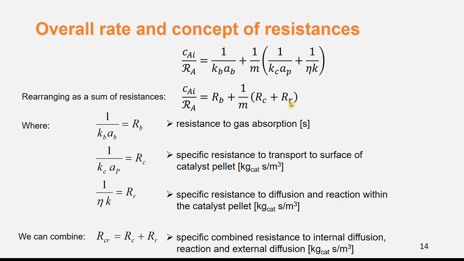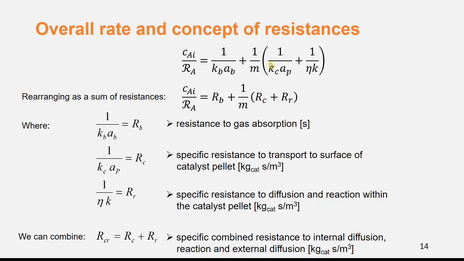So as you can see here, this is a sum of resistances. Here we have RB is equal to 1 over KBAB. And this is the resistance to gas absorption. And it has units of second.